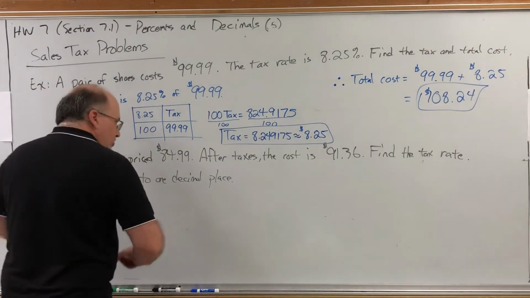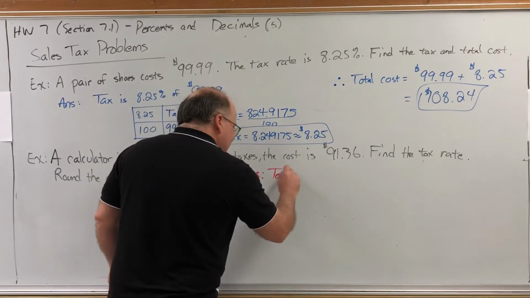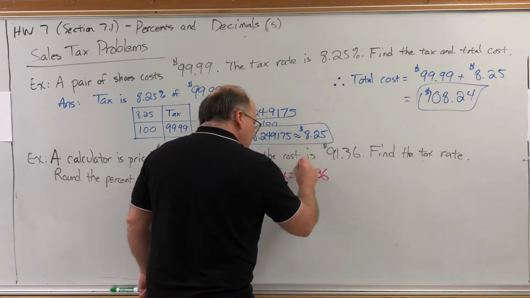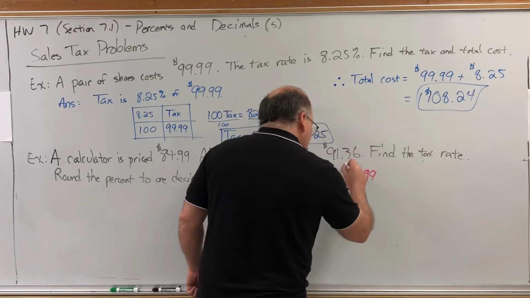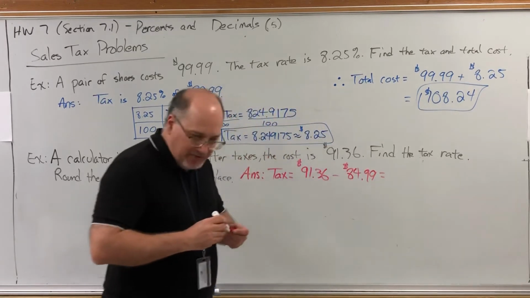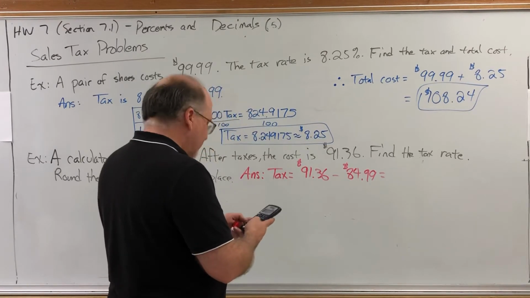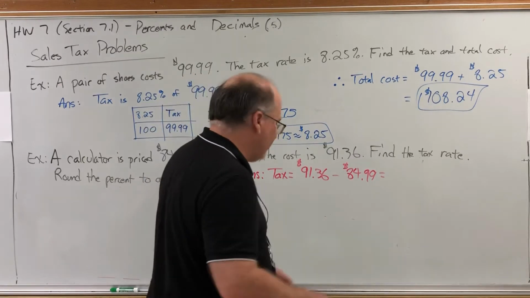And the answer is you subtract. So the taxes that we paid was $91.36 minus the cost of the item, $84.99. We subtract that. I'm sure I can do some trickery here, but I'll just use my calculator. We get $6.37.